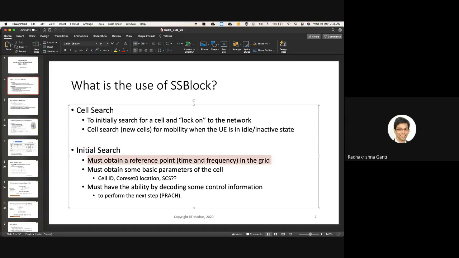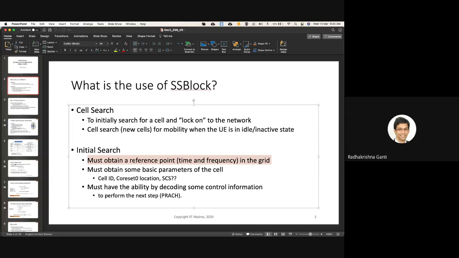When I say initial search, you have to obtain a reference point in both time and frequency on the resource grid. You have to obtain some basic parameters of the cell, for example the cell ID, CORESET 0, which is the first control information that you have to decode, the MIB and SIB1 messages, and the subcarrier spacing for the data.